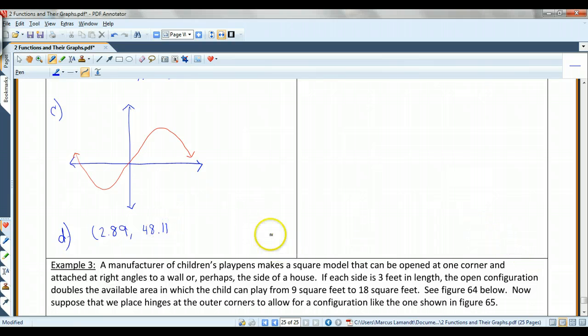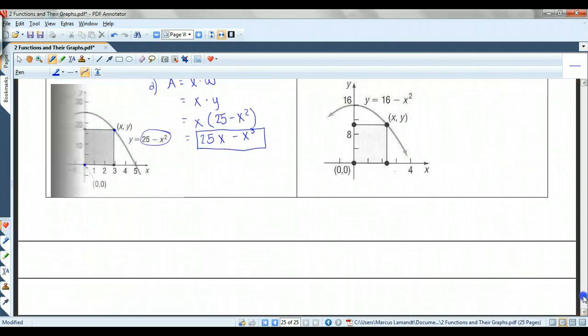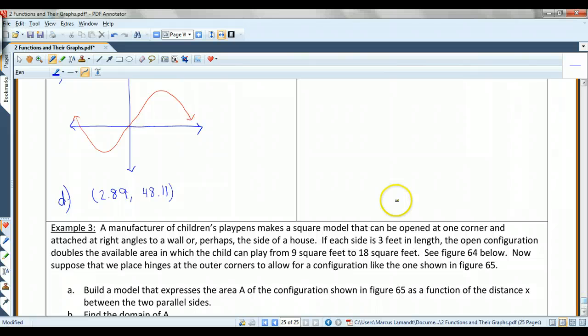Okay. So when x is 2.89, the area is 48.11, and that's the maximum. Okay? Alright, I'll let you guys try this one.